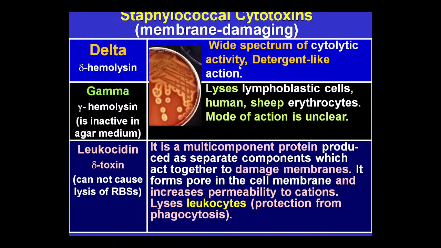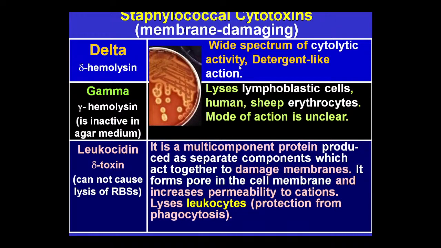They may act in a way similar to how detergents work. They may lyse lymphoblastic cells, human and sheep erythrocytes, and they are also responsible for skin and soft tissue infections.